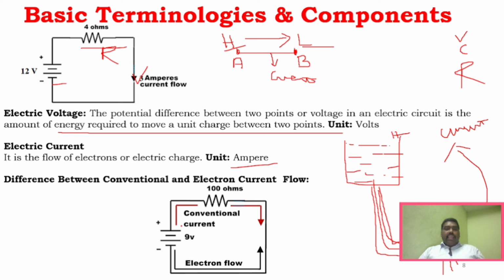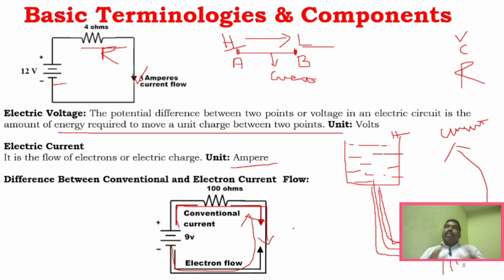So the conventional current direction will be from higher potential to lower potential, from plus to minus, whereas the electron flow is from negative to positive. We can also say that the direction of conventional current is opposite to the electron flow. So this is a very basic thing.